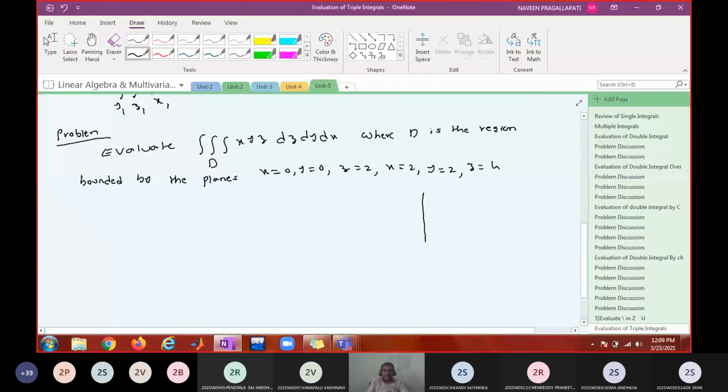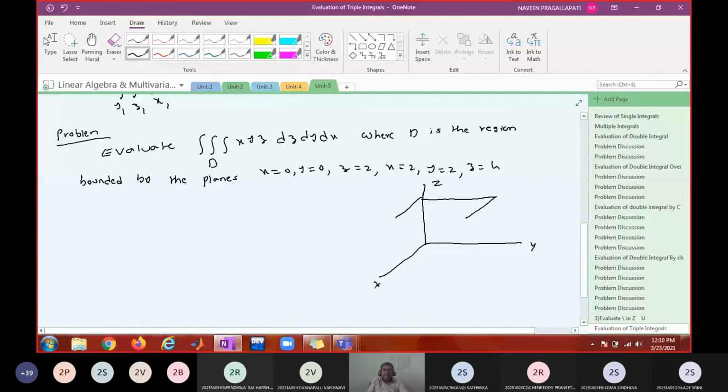So you can see all the planes are parallel to coordinate planes, and it is at a height of 2 units. Okay, so it will start from here because x and y are starting from 0. So this is the z axis, this is the x axis, this is the y axis.